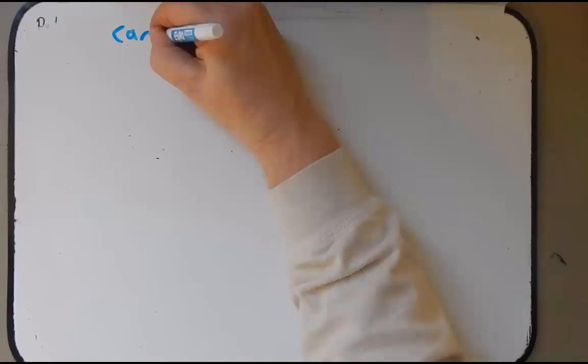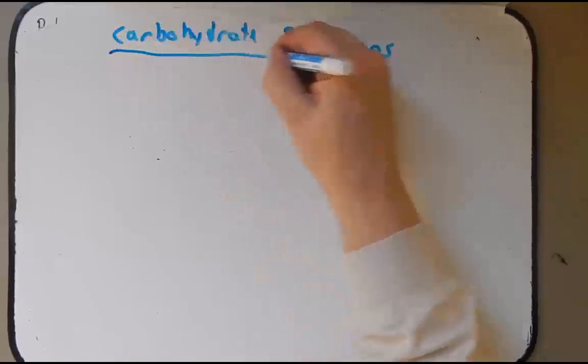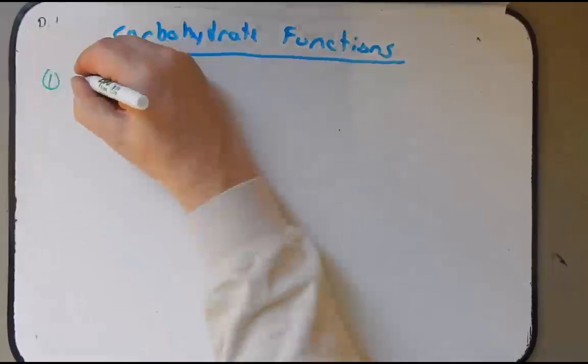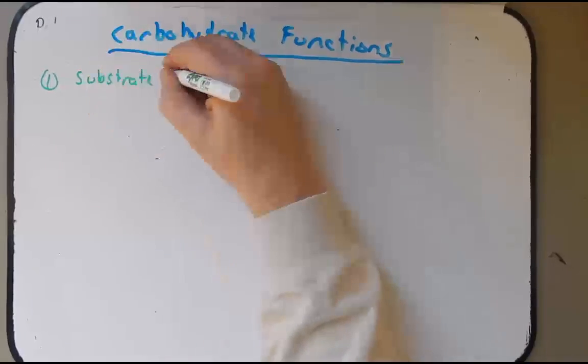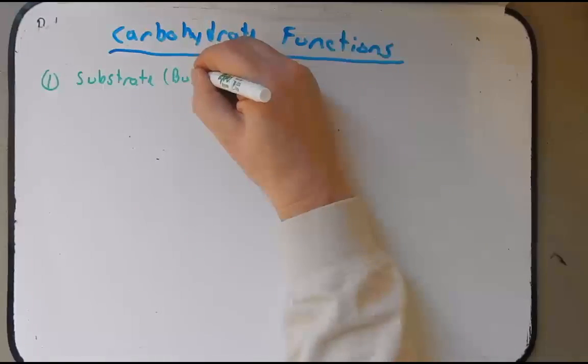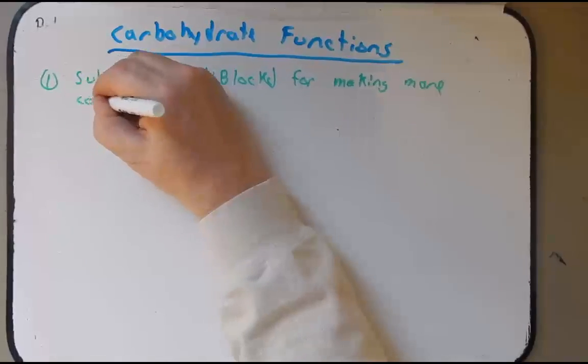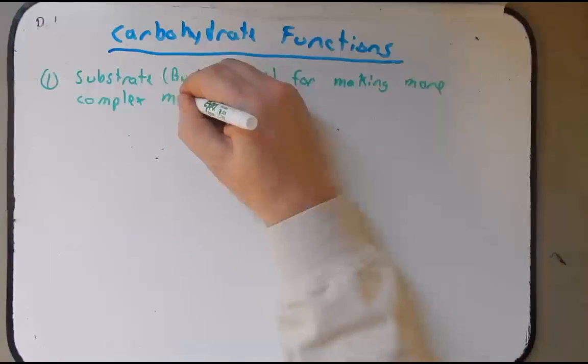Now, the last thing I want to talk about are carbohydrate functions. And I want to primarily talk about 4 different functions. And we've talked about some of these already. One of the functions we talked about before was that they provide a substrate, or earlier we called them building blocks, for making more complex molecules.